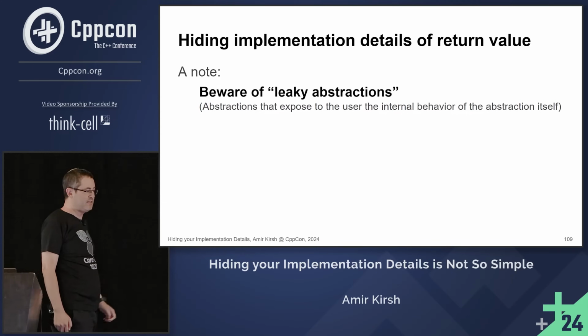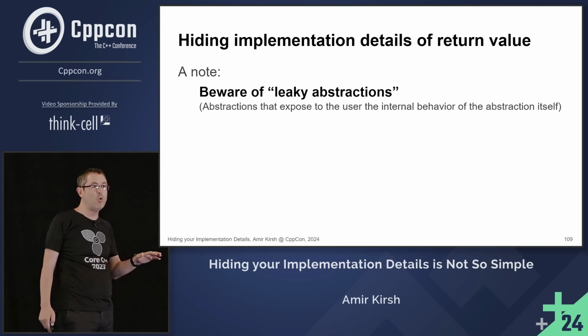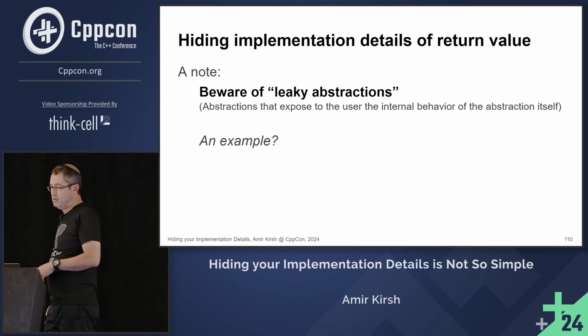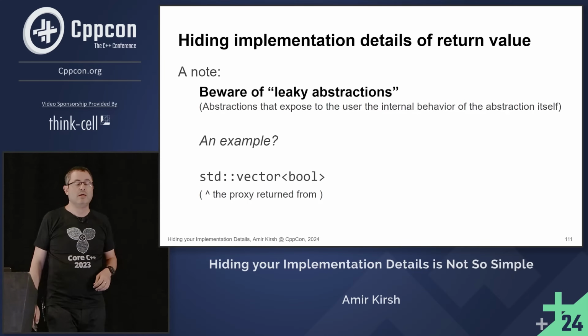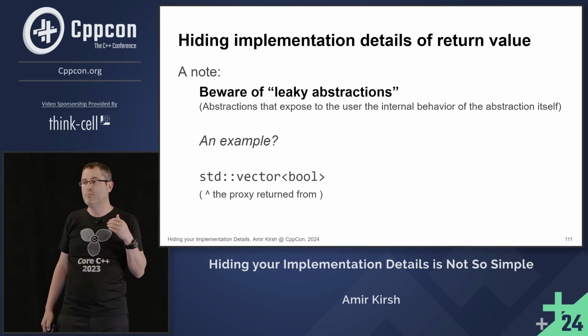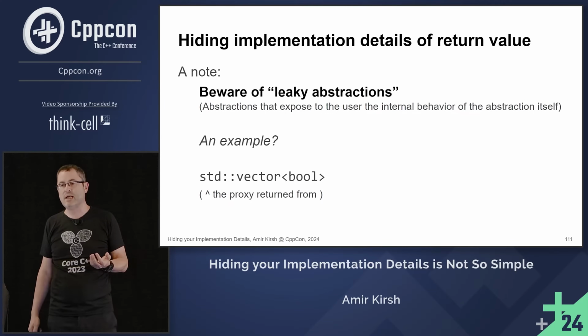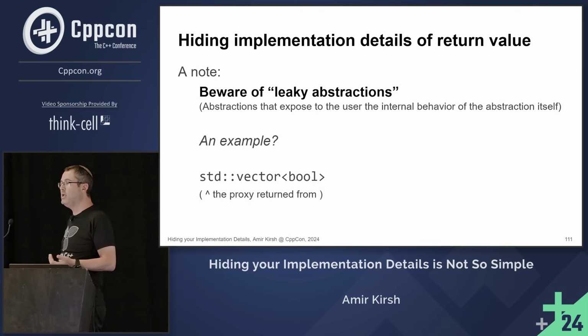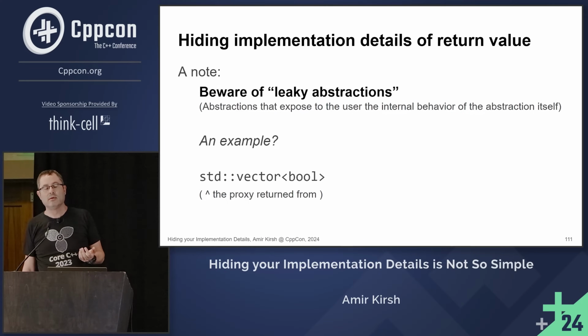Do you have an example of something in the language that hides something but not so well? I have an example. Vector of bools. Vector of booleans wanted to be a bit more storage efficient. So instead of holding the booleans as booleans in bytes, they decided to hold each boolean in a bit.